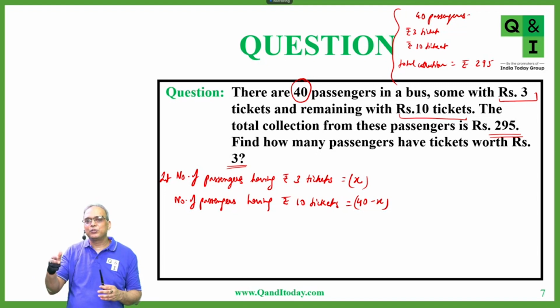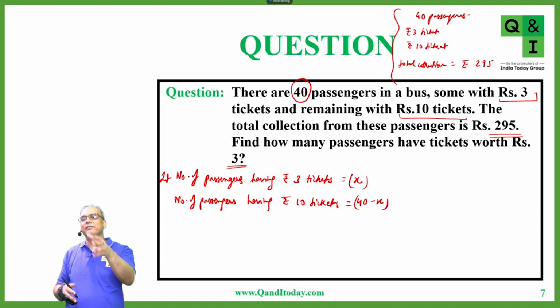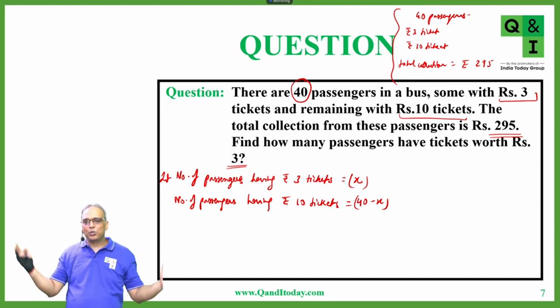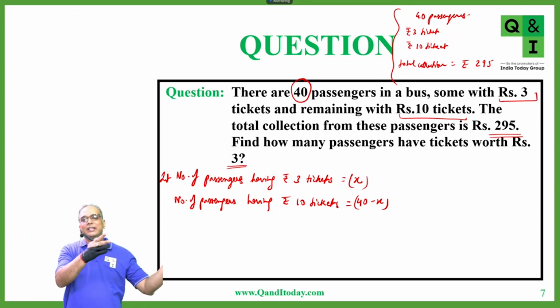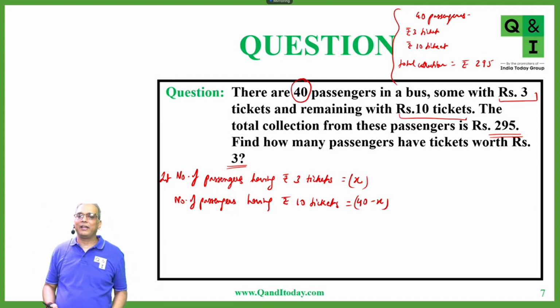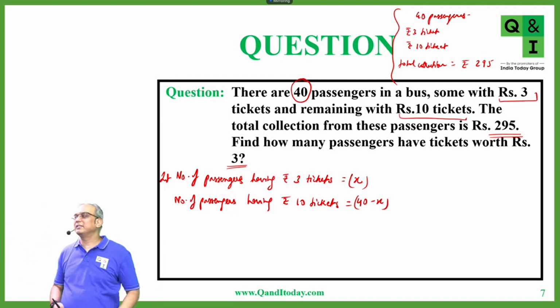Similarly, you multiply the number of students who bought the 500 rupee ticket with the ticket value, which gives the total amount paid for the 500 rupee tickets. The total amount the school paid is the sum of the two. Is it clear?